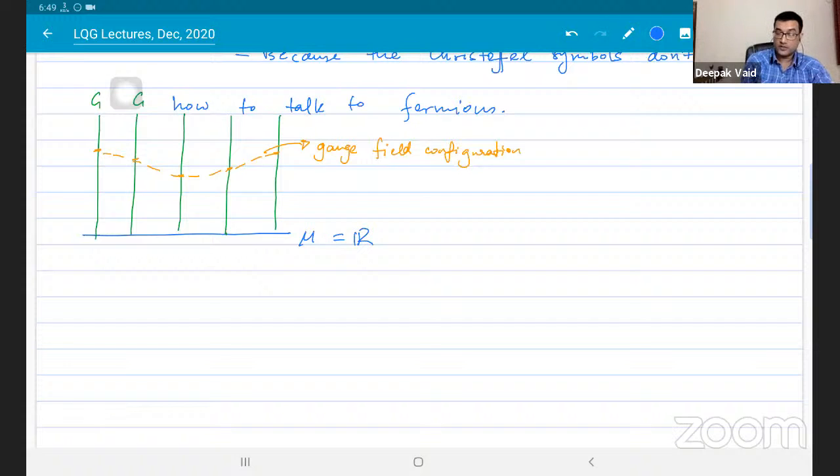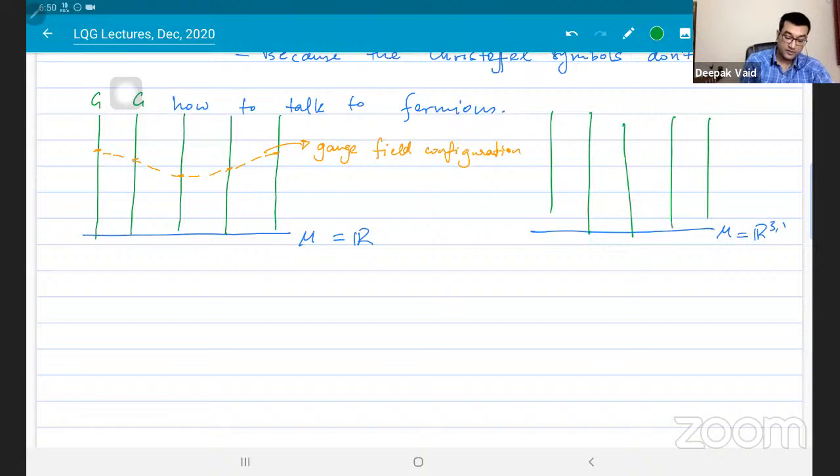If you want to talk about the fiber bundle picture applied to space-time, then your manifold would be your entire space-time manifold, let's say with the topology of R^3,1. Then at each point on this manifold, I have a fiber, and I can assign some gauge group. What would be the gauge group in this case would be SL2C. So at each point, I would assign an element of SL2C, at each point in my four-dimensional manifold.